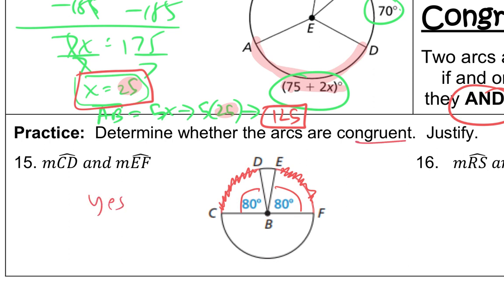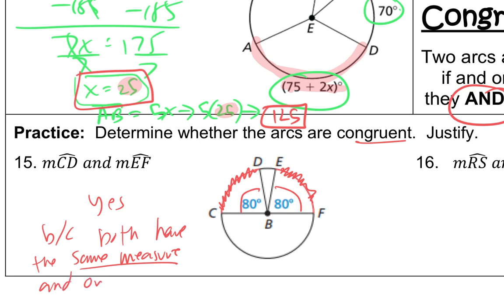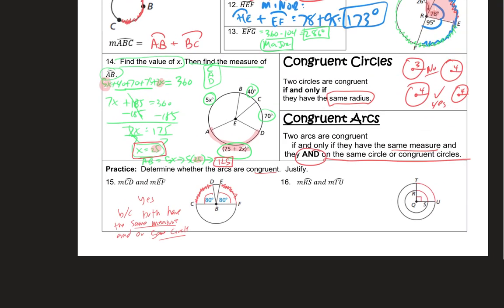So we would say yes, because both have the same measure and are on the same circle. Two arcs are congruent if and only if they have the same measure and are on the same circle or congruent circles.